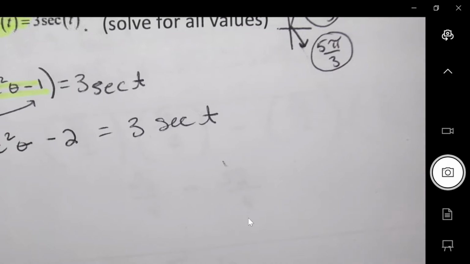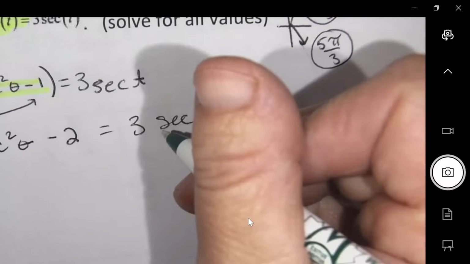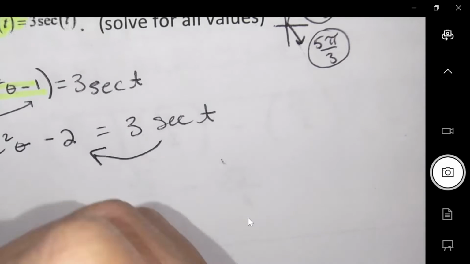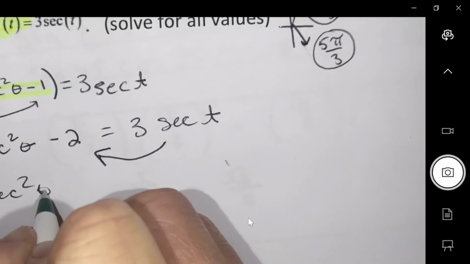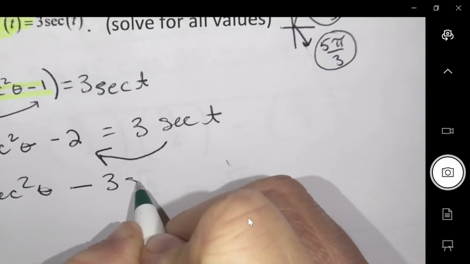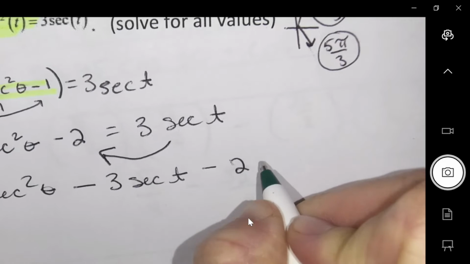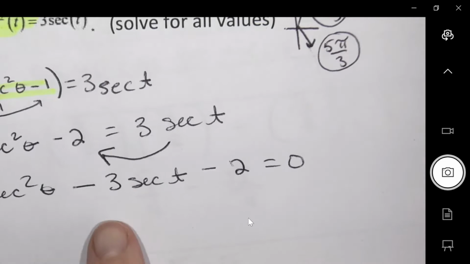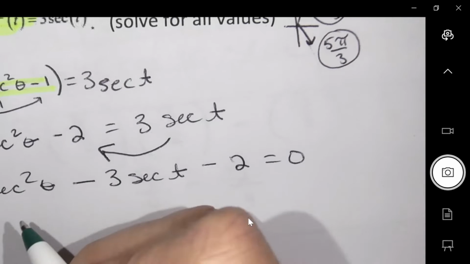Pick which side, and the squared term is the boss. So it's positive, so everything needs to move with it. It's the boss. So 2 secant squared minus 3. Okay, this looks very similar to the last factoring, except the 3 is negative. So I think from the last factoring, you have to switch your signs though.